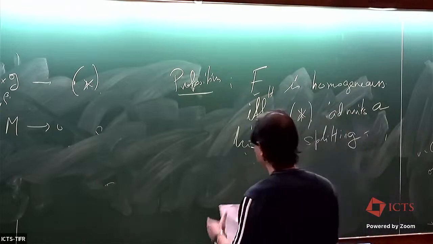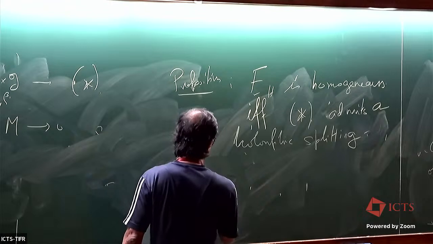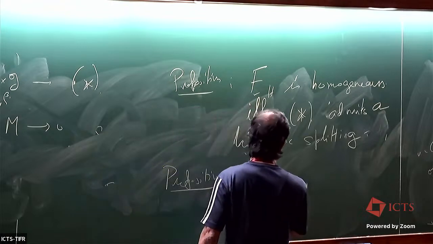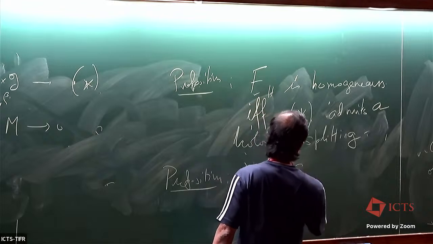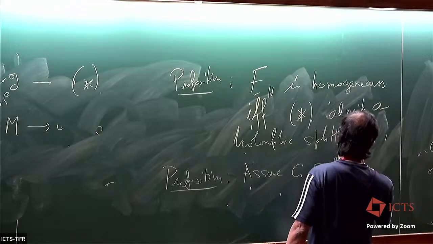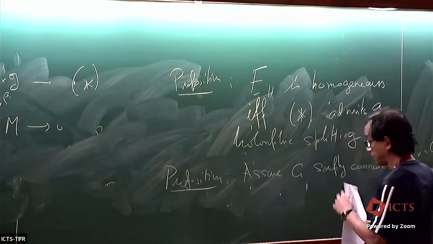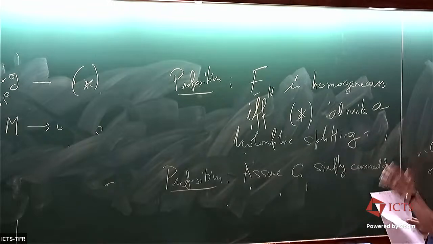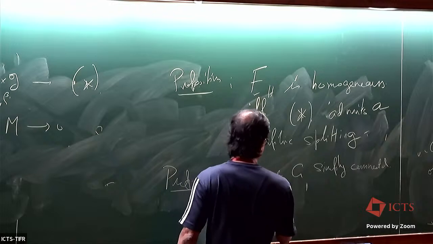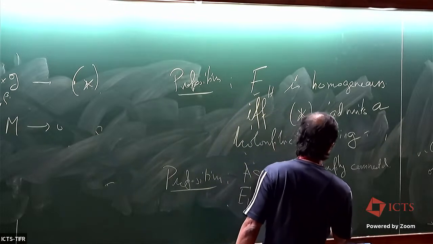Second, another proposition. Assume G simply connected. I'll first state and then explain. E_H admits an equivariant structure.